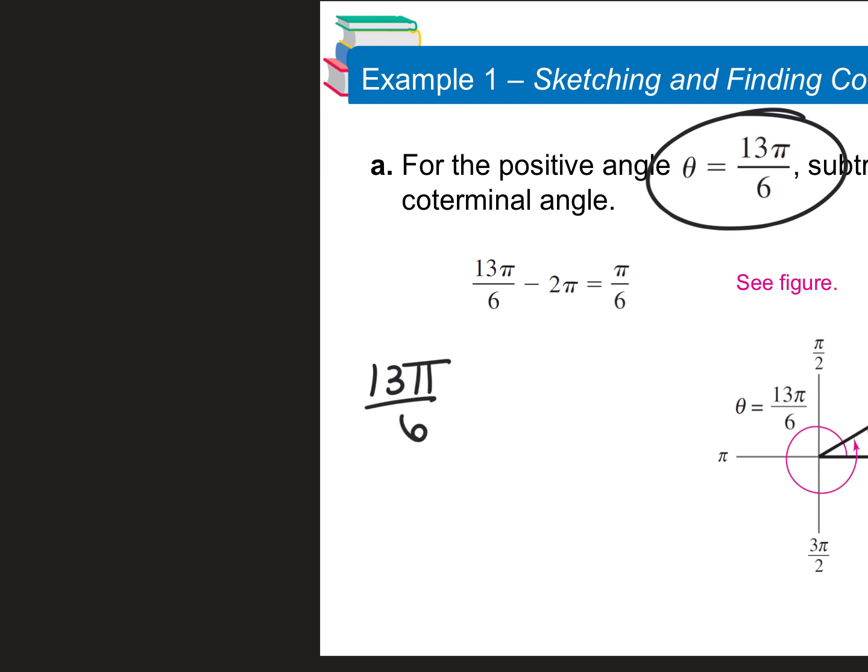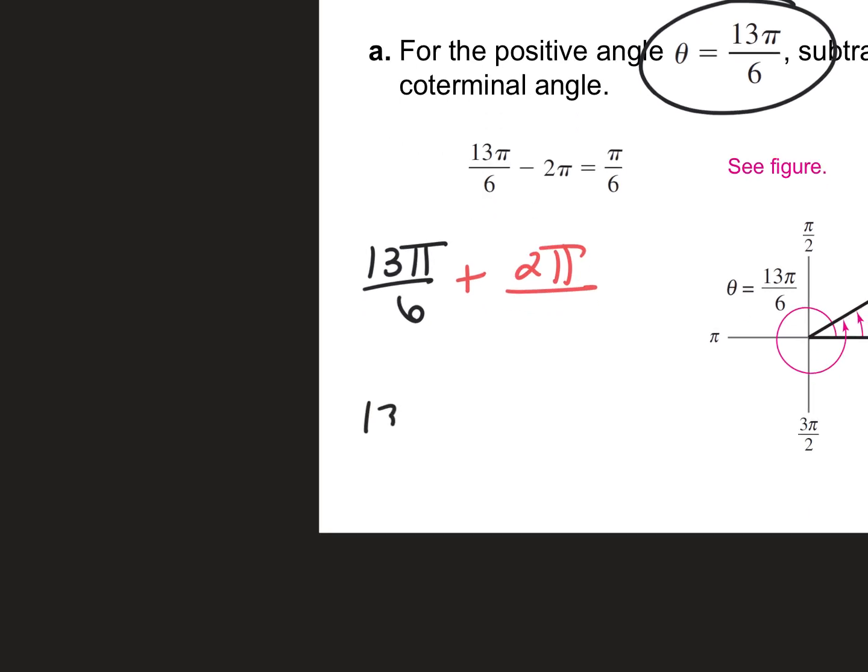I want two coterminal angles. They're going to ask you for one that's positive and one that's negative. So we're going to add a whole circle to that, and then we're going to subtract a whole circle. If you're adding and subtracting fractions, what do you need?